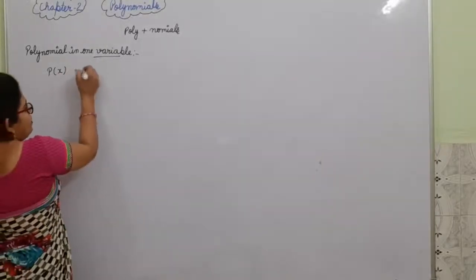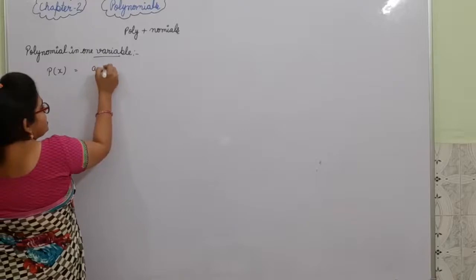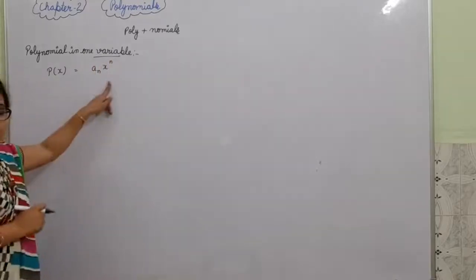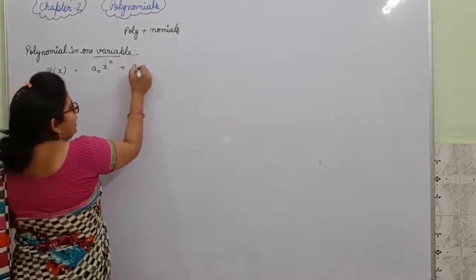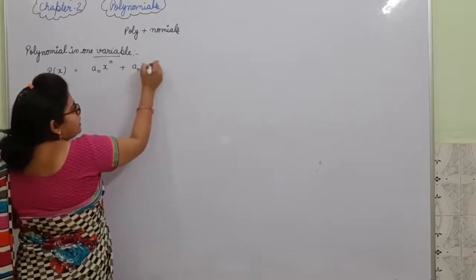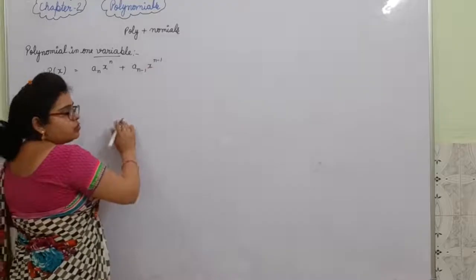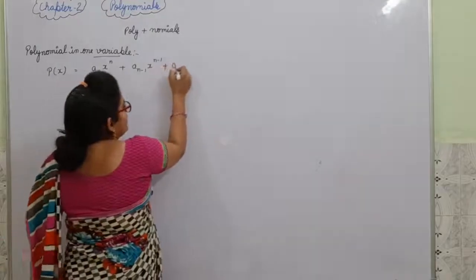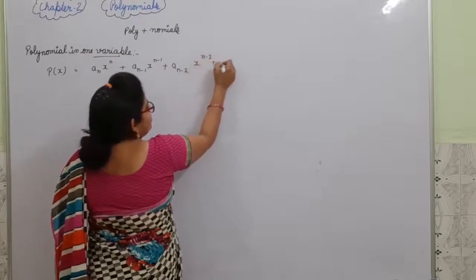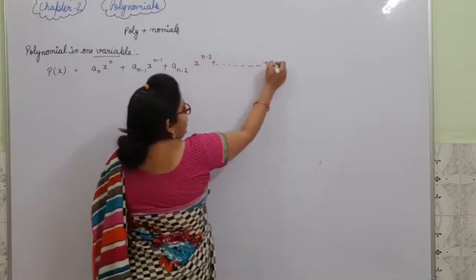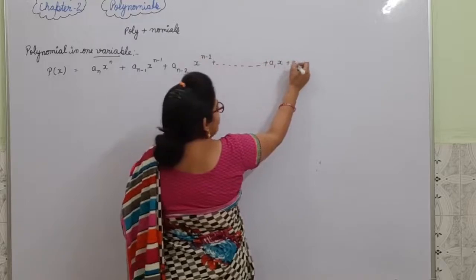Dear students, if our algebraic expression is in the form an x raised to power n plus an minus 1 x raised to power n minus 1 plus an minus 2 x raised to power n minus 2, and so on, a1x plus a0.